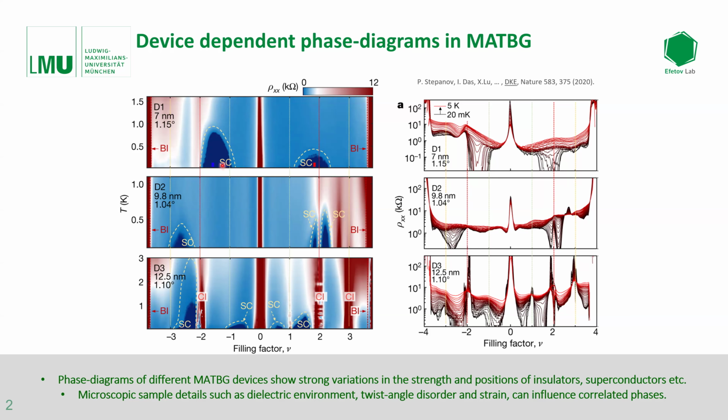I just want to show this to motivate that throughout the years, it was clear that the phase diagrams seem to be sample dependent, and microscopic sample details such as the dielectric environment, twist angle disorder, and strain can influence the correlated phases.